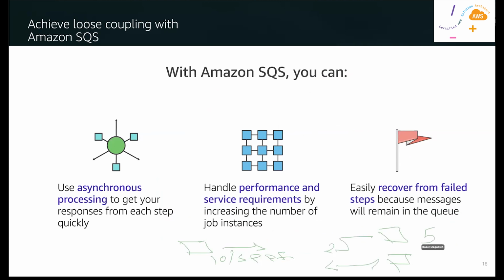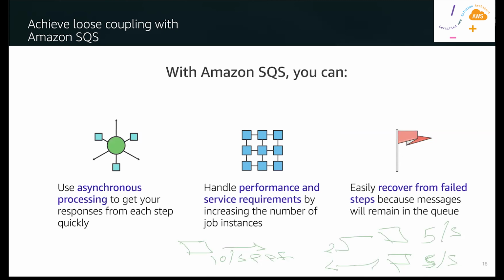So for example, instead of having one EC2 consuming PDFs generated at 10 every second, you could have 2 EC2s reading from the queue. Each of those EC2s can process 5 PDFs a second. In this case, all the PDFs generated by the producer will be consumed and processed by 2 EC2s instead of 1 EC2.